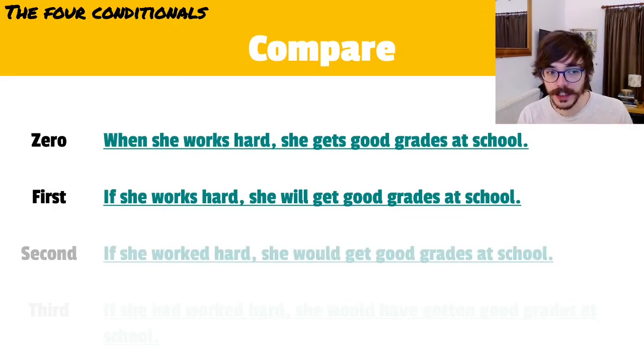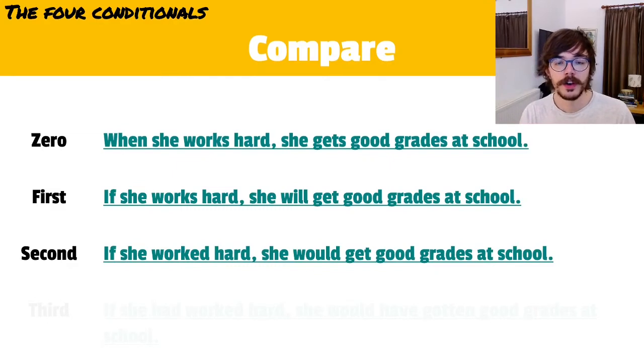So second conditional. Here we've got our if plus our past simple plus our would and our base form of the verb. So if she worked, she would get. If she worked hard, she would get good grades at school. Now we use the second conditional about something that's unlikely to happen.